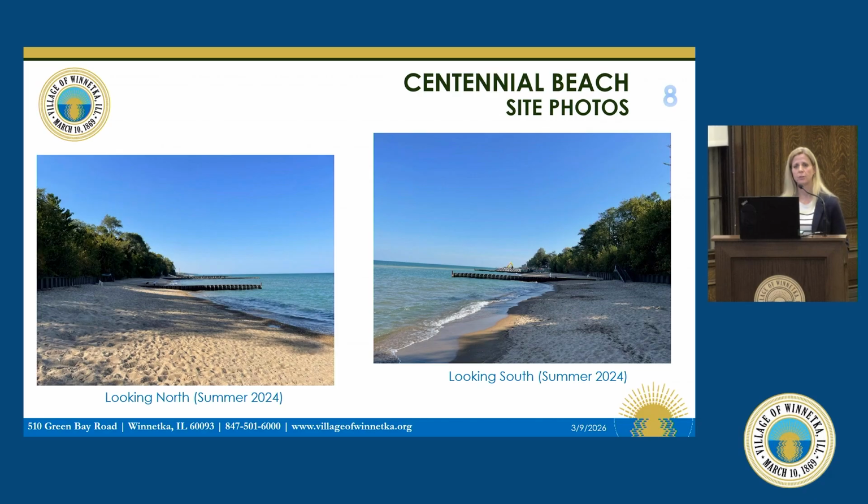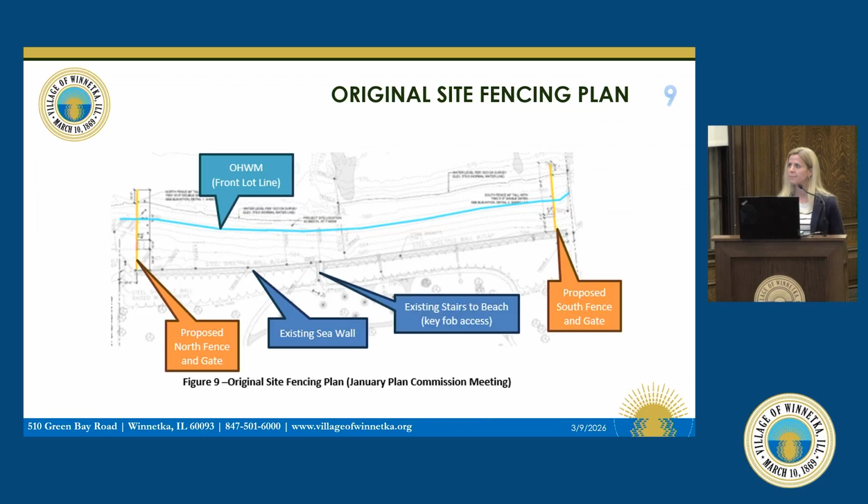The applicant has also included photos in their application materials. In response to the comments heard at the January 28th Plan Commission meeting, the applicant has submitted an amended plan, which is the plan being considered by the zoning board this evening.